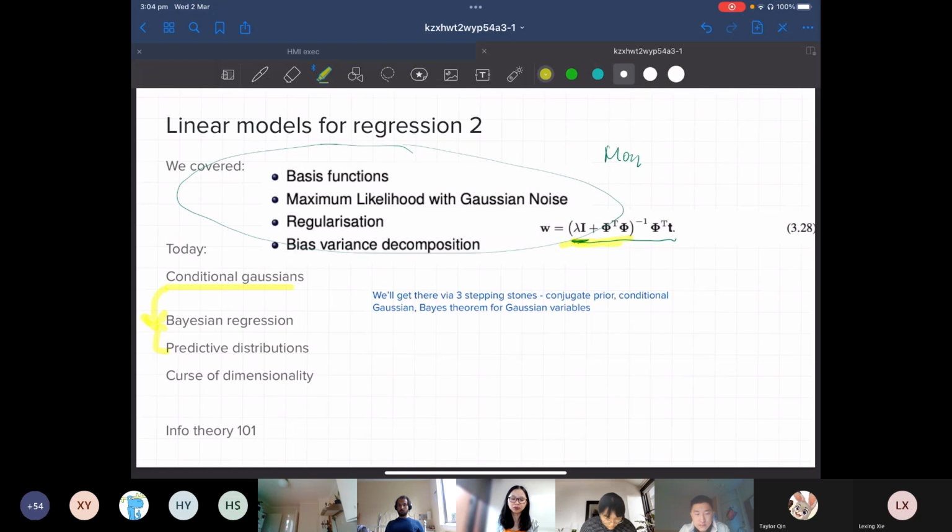Then we're going to talk about 2 things which I think are useful and I enjoy. One is the view of estimating distributions in high dimensions and why you may not want to do that sometimes. There are technical reasons, which is quite good. The last thing is information theory. I love information theory, it is such a cool mathematical concept that has many real-world implications about uncertainty and how we encode information.